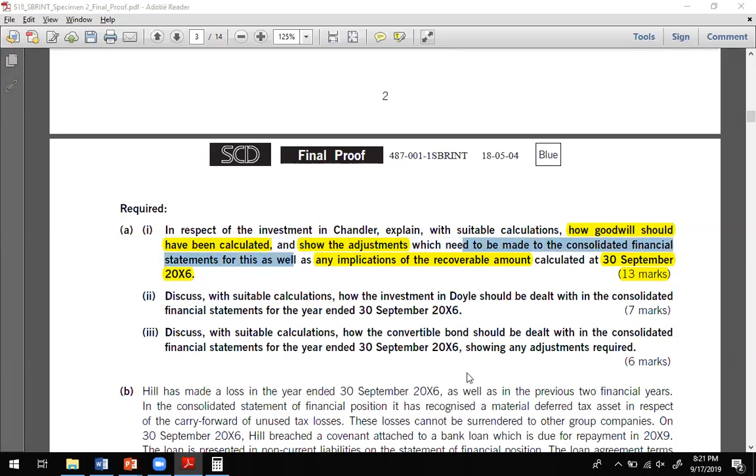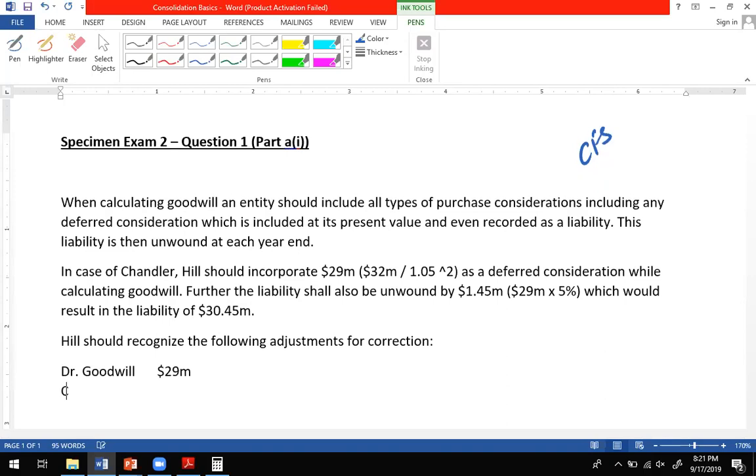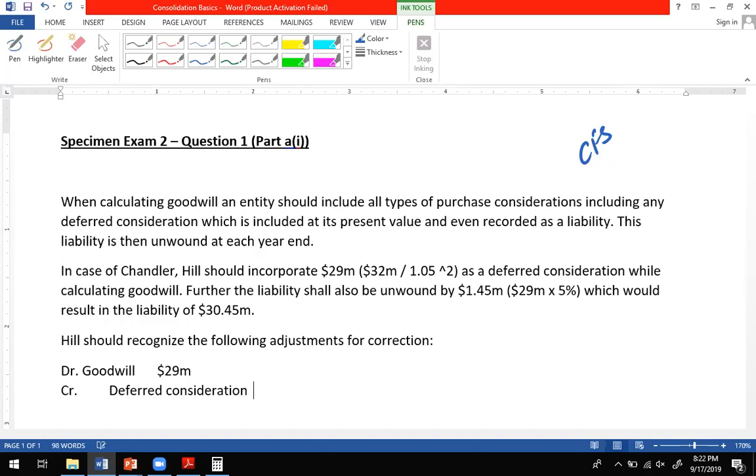So we are writing down the adjustments: goodwill debit by $29 million and deferred consideration credit by $29 million.